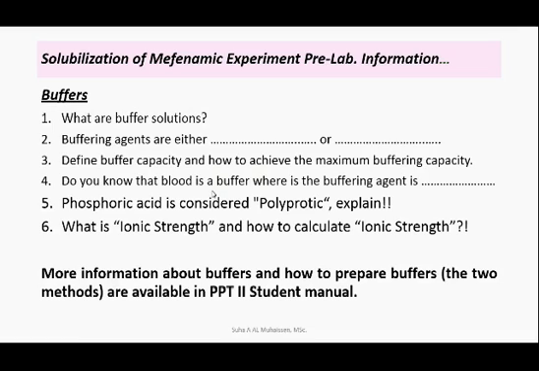Because it is considered polyprotic. What is that supposed to mean? It means that it has 3 protons, H3PO4, available to be donated, and this allows it to cover a wide pH range.